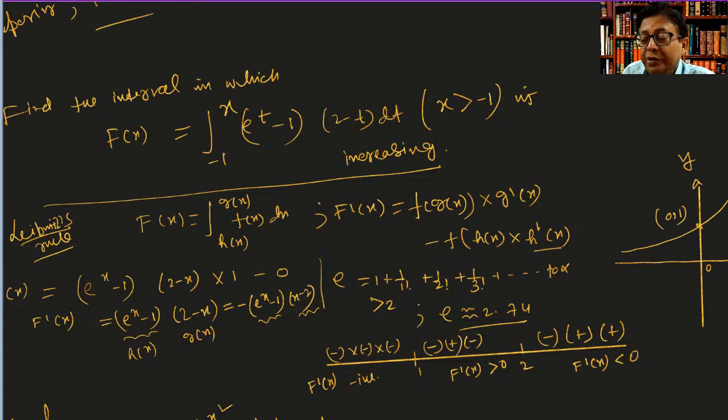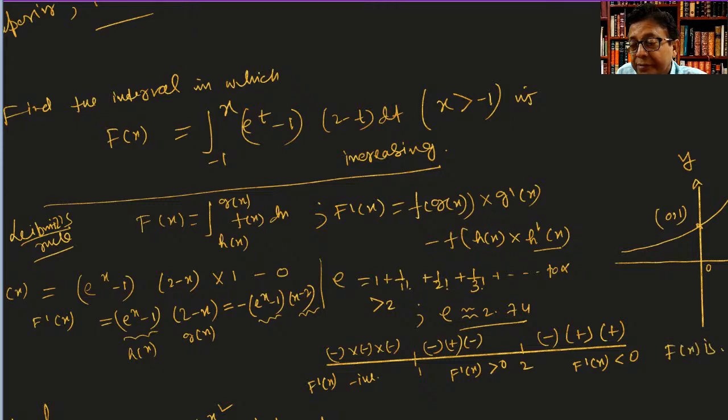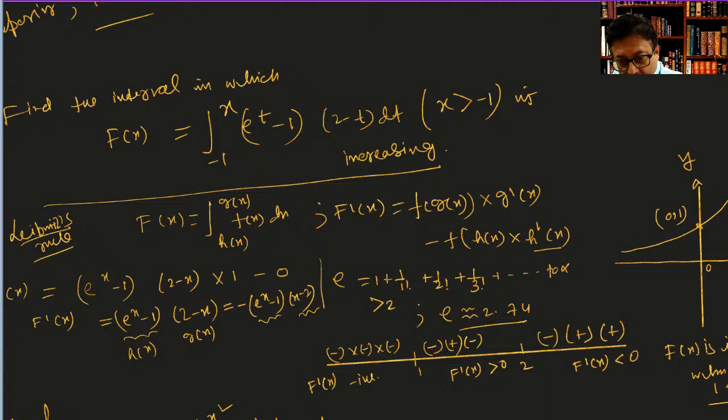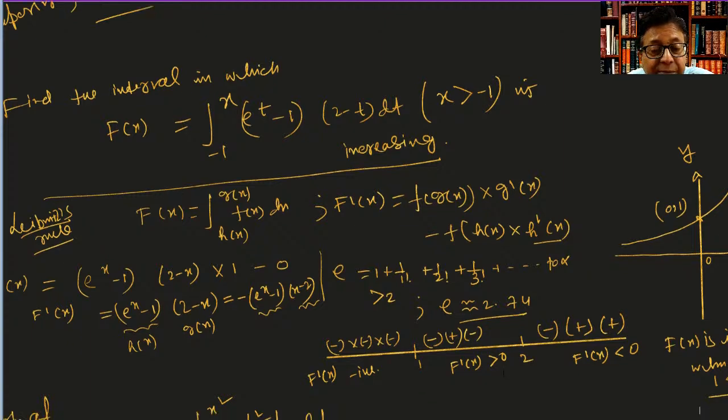Your answer is going to be f(x) is increasing when x lying in the interval only this part. Okay? Hope you have understood. Let us go for application in maxima and minima.